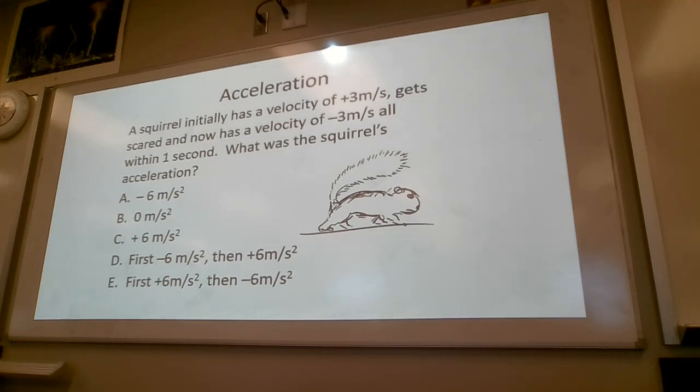He initially has this positive, and then negative, all within 1 second. What was the slowest acceleration? Oh wait, no, that would be okay, sorry. Because A is correct answer.